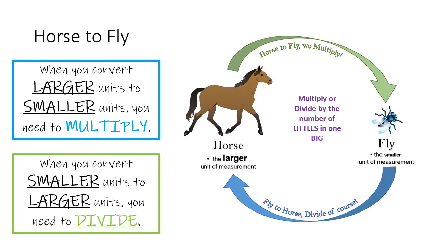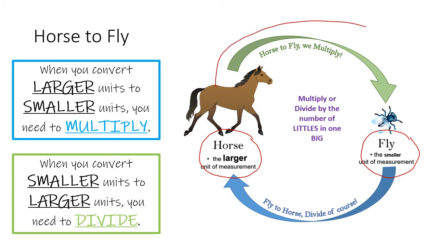Okay, so here is a trick to help you remember when you need to multiply and when you divide. If you're going from a larger unit to a smaller unit, you multiply. So when you look at your problem, your larger unit is your horse. That's your larger unit. And your smaller unit is your fly. If you are going from larger to smaller, you multiply.